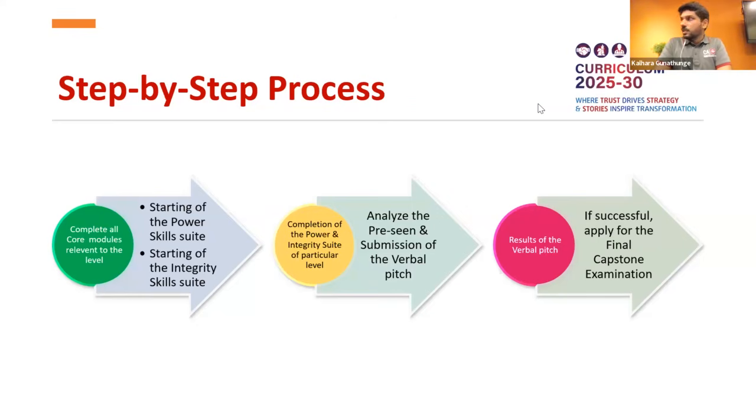Generally I will tell you the general guidelines. During this process, you have to complete the core modules. Then while you are completing those core modules, you can parallelly attempt power and integrity skills.